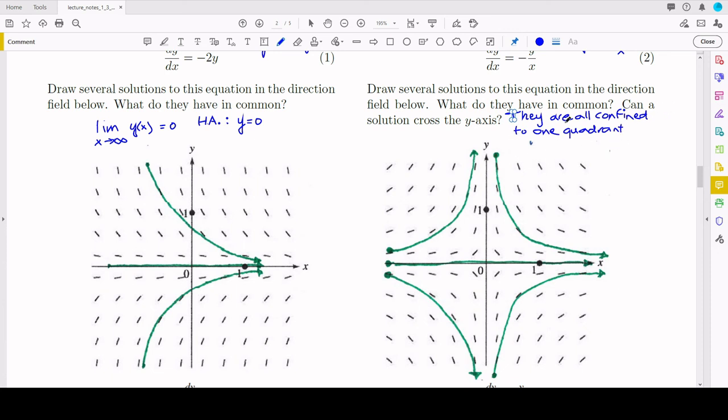And that's except for the special solution y equals 0. And can a solution cross the x-axis? The answer is no, except when we have the special solution y equals 0.